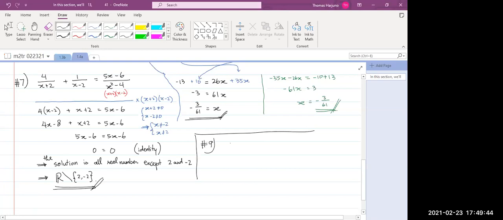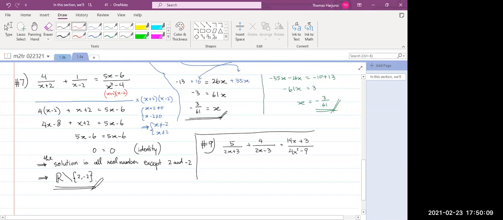Number 9, we have 5 over 2x plus 3 plus 4 over 2x minus 3 equals 14x plus 3 over 4x squared minus 9.